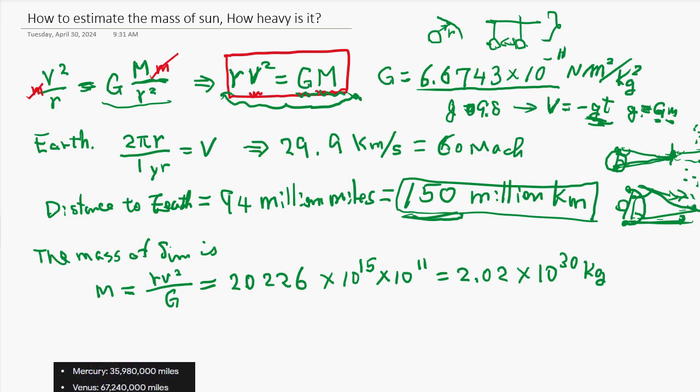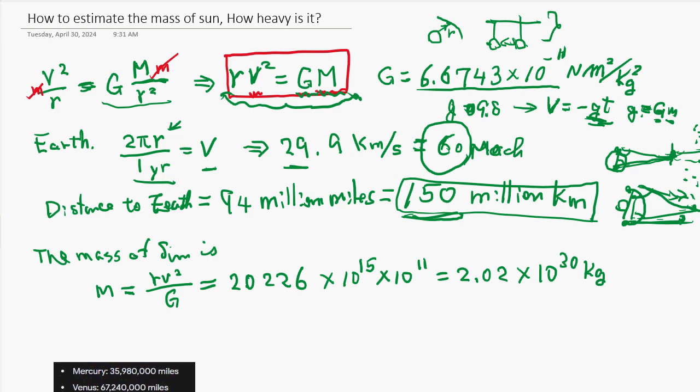Once we know the distance of Earth, R, going around in 1 year gives you the speed, which is 29.9 kilometers per second, about Mach 60. So the Sun is flying at Mach 60. Believe it or not, not the Sun, the Earth.